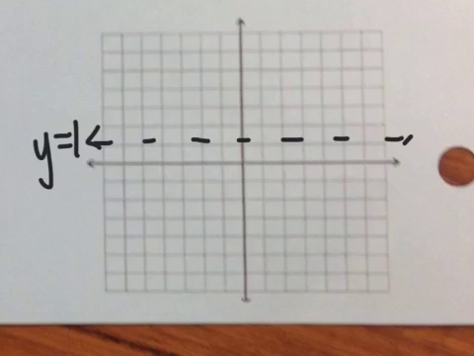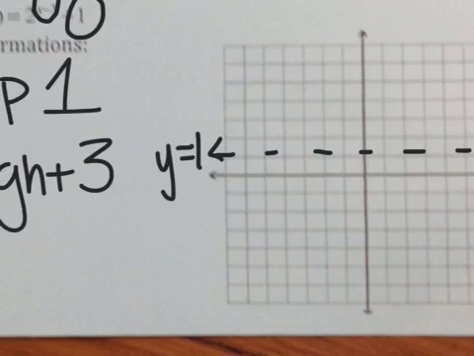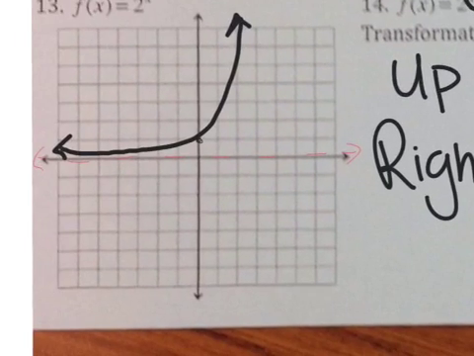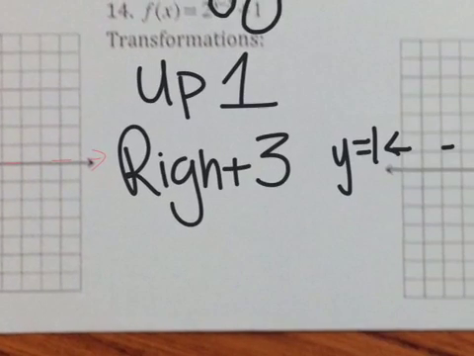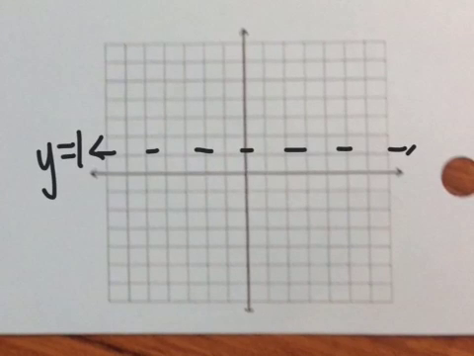Which means that my point that I used as a reference, that y-intercept at (0, 1), will now also be scooted up 1, but not only will it go up 1, it'll also go right 1, 2, 3, so it'll be right there. So it used to be here, and it moved up 1 and right 3.